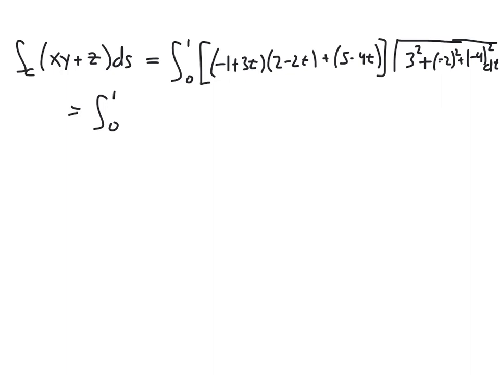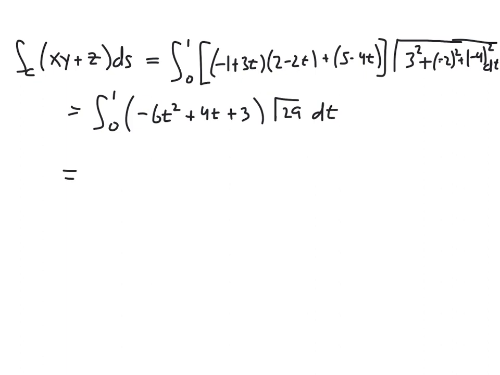If you go ahead and multiply and add these things in the brackets, that's just algebra, so I'm going to assume that you can do it. But we will end up with -6t squared plus 4t plus 3. So again, that is just algebra there. And this square root is going to be the square root of 29 dt.